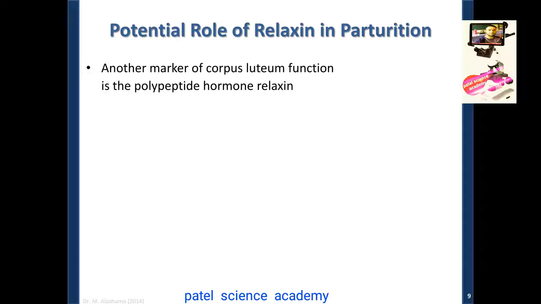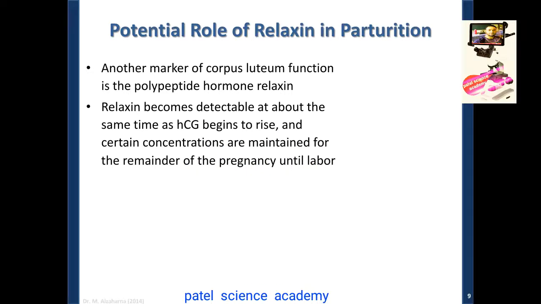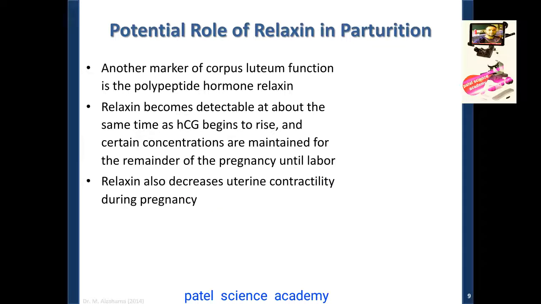Another marker of the corpus luteum function is the polypeptide hormone relaxin, and relaxin becomes detectable at about the same time as HCG begins to rise, and certain contractions are maintained for the remainder of the pregnancy until labor.